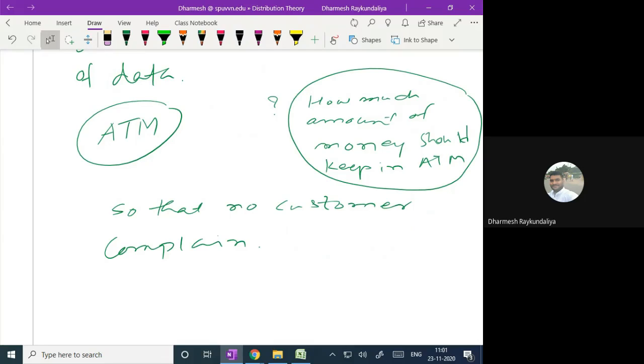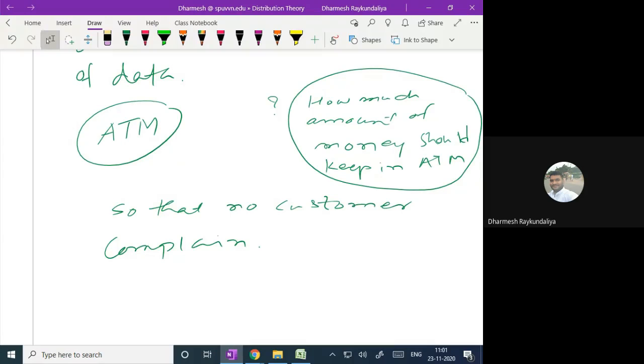Twenty, 20,000 now? 20,000 or 25,000, something. No, that is the maximum limit. You can withdraw 25,000. This is the maximum.